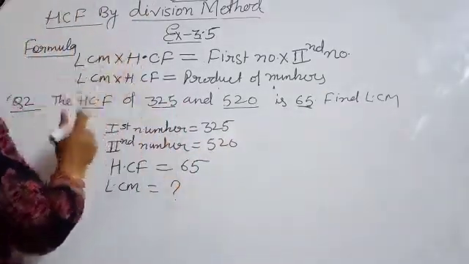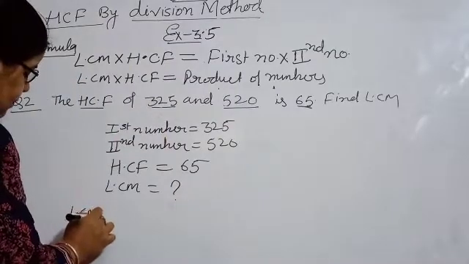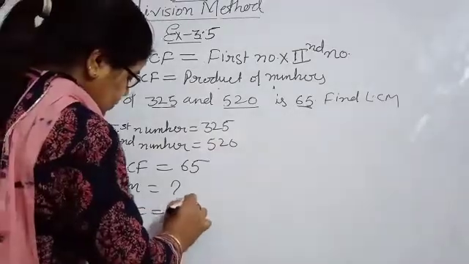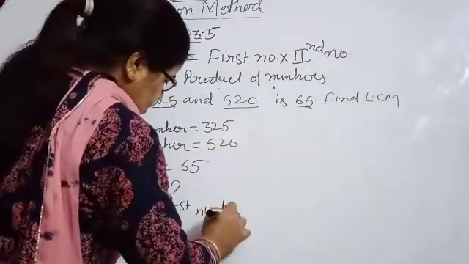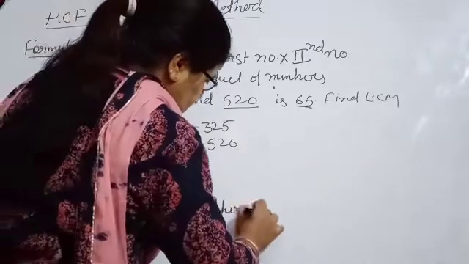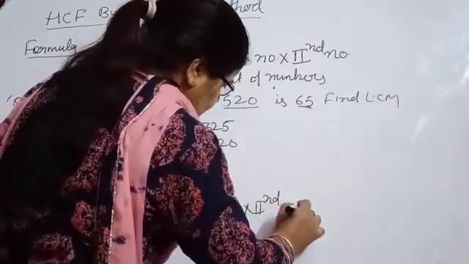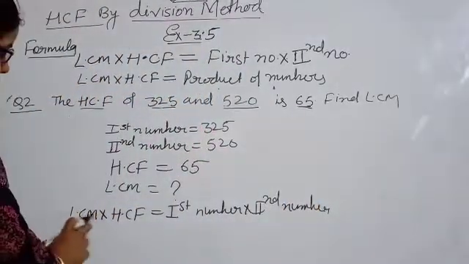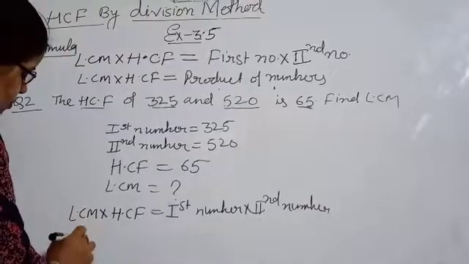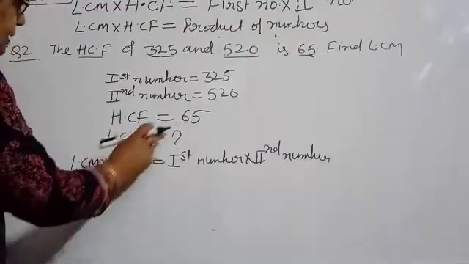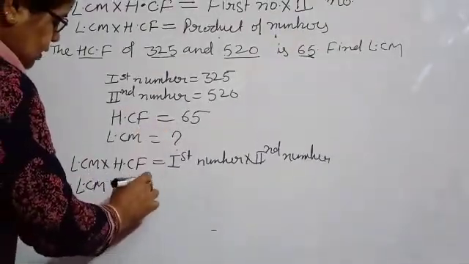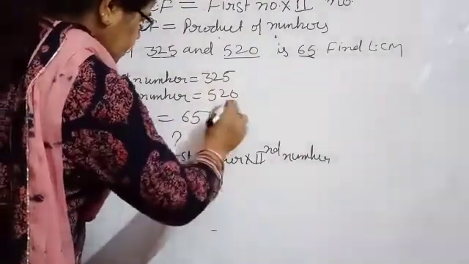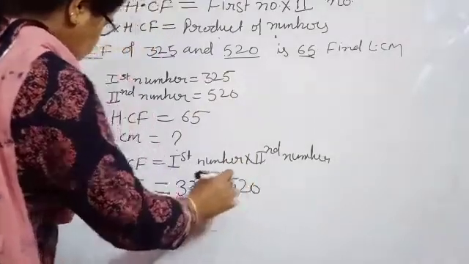Now put the values in your formula. LCM into HCF is equal to first number into second number. LCM we have to find, so write it as LCM into HCF, which is 65, is equal to first number 325 into second number 520.